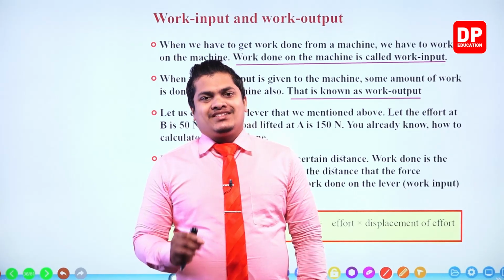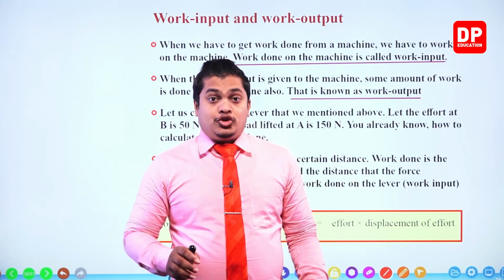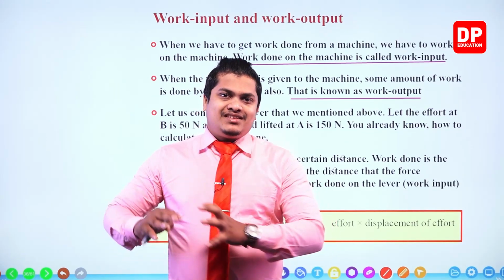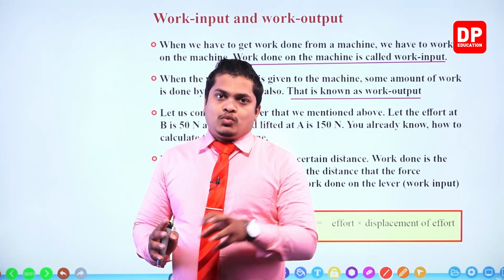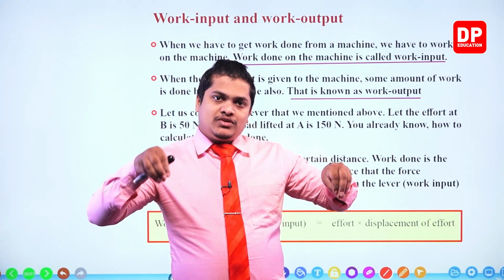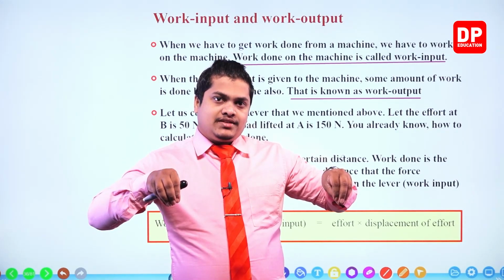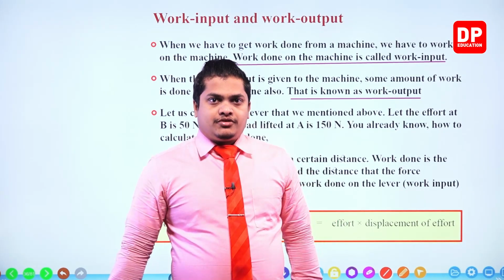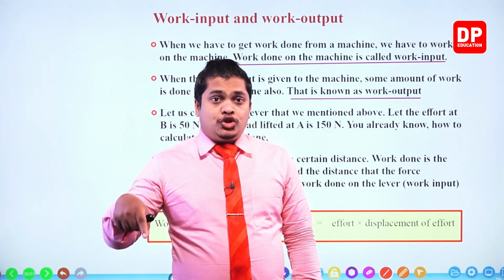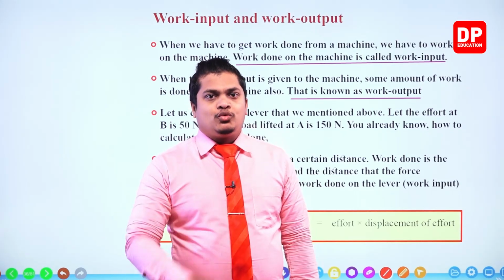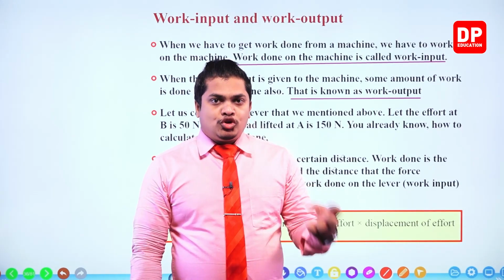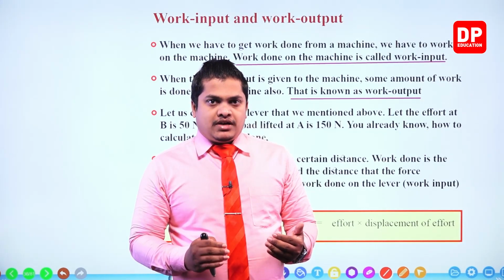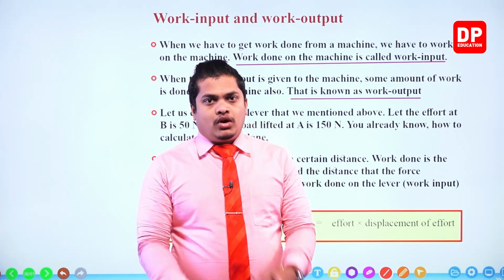So in general terms, to do work, energy is being utilized. So work done can be measured by using the energy utilized. Therefore, work done can also be measured by using the unit of energy, which is joules. So joules and Newton meters both can be used as the unit to measure work done.